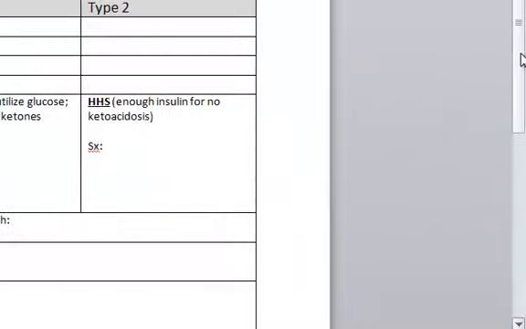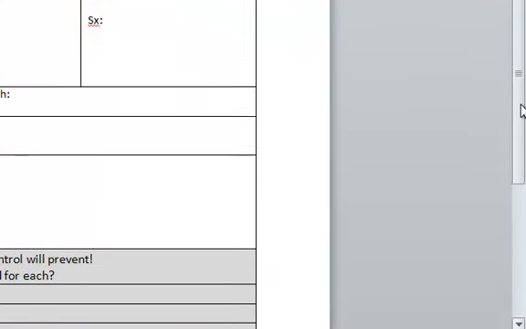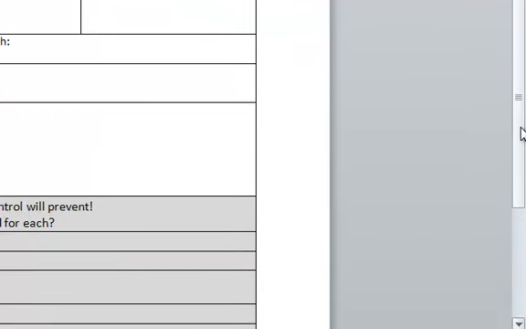Back to our table here. Let's now talk about the other end of the continuum, which is hyperglycemia. As you know, with type 1 diabetes, patients are at risk for DKA because when the body can't use that sugar in the blood, it starts breaking down fats, which create ketones. Ketones are acidic.